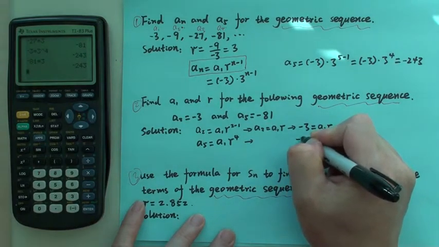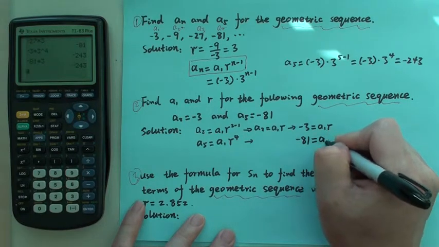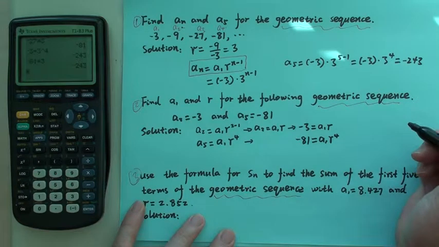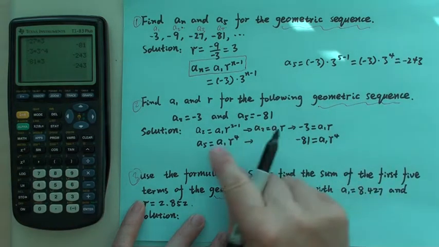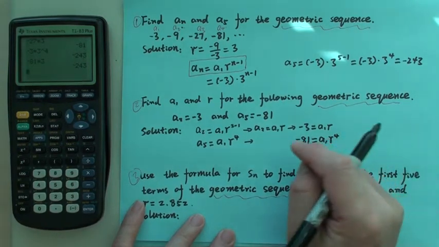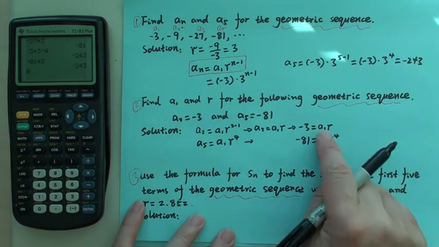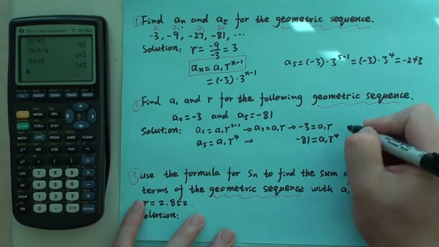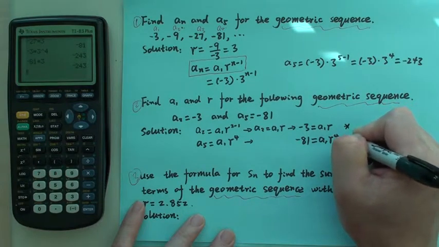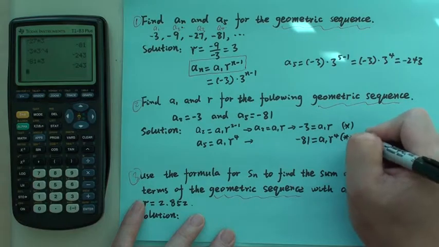So negative 81 you put right here equals a 1 times r to the fourth, because we know a 5. And here we know a 2. So you have 2 equations. Let's mark this one as star 1. There are 2 stars right here.